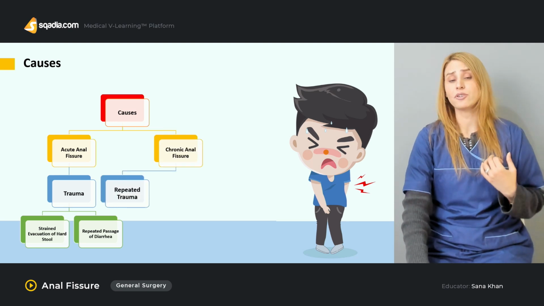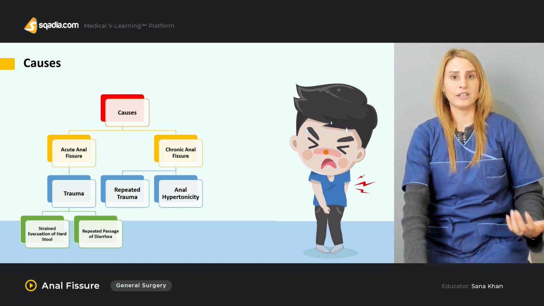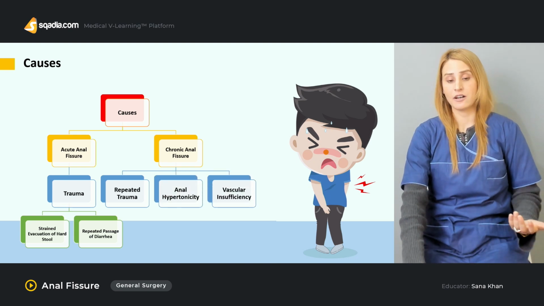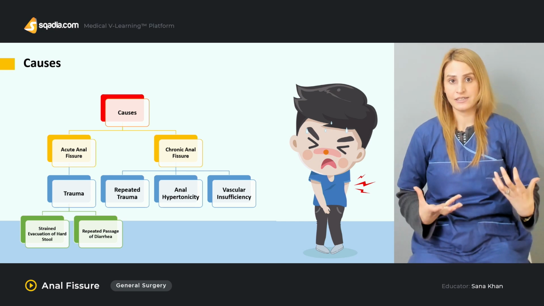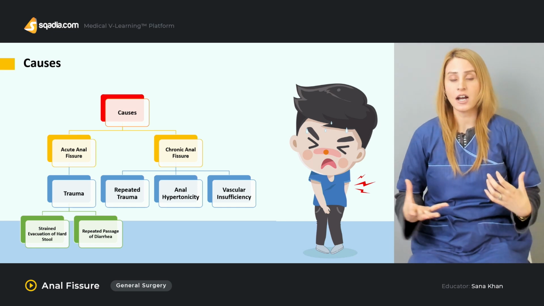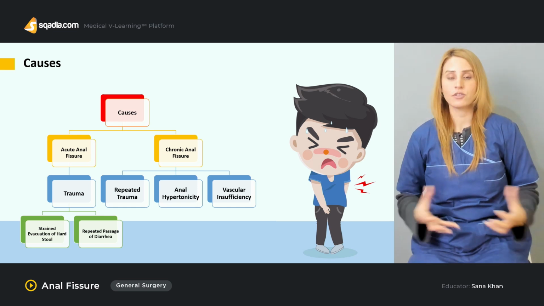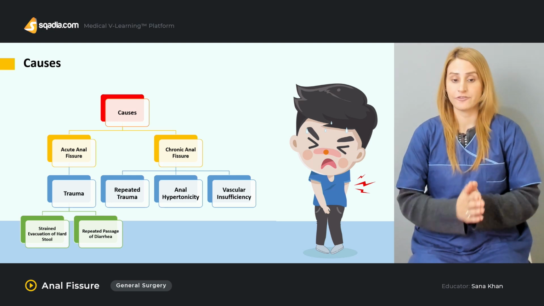Now, if we talk about chronic anal fissures, the causes include repeated trauma, or there can be anal hypertonicity and vascular insufficiency, because when the anal pressure is increased for a very long time, there's compression of the arteries, and that can lead to vascular insufficiency.